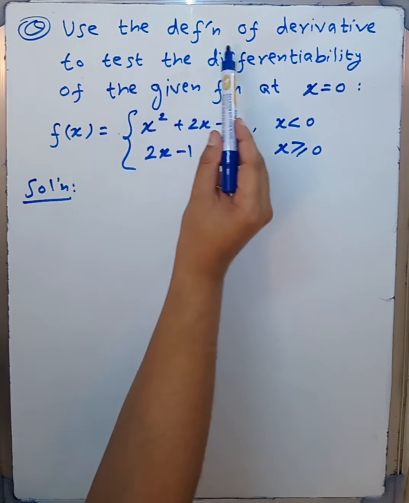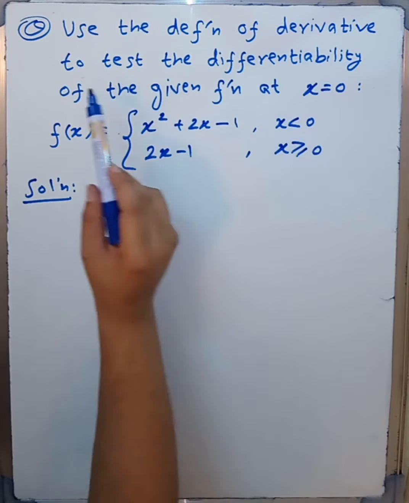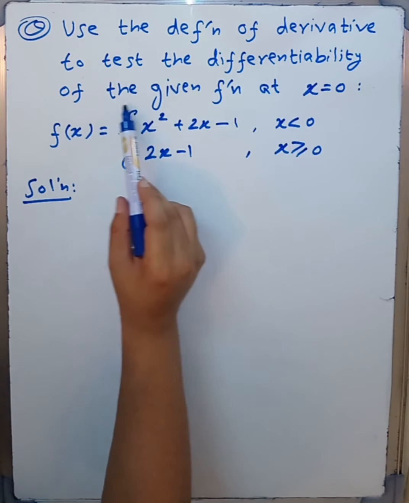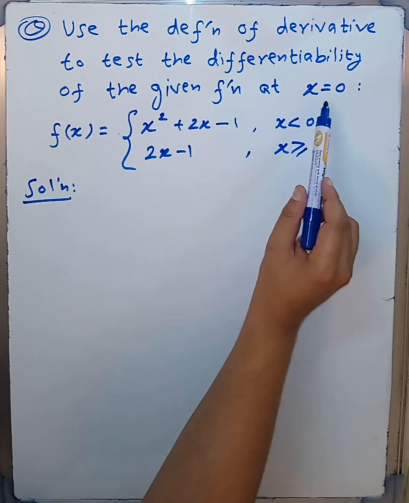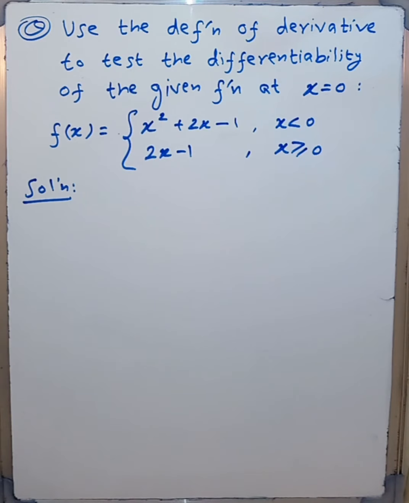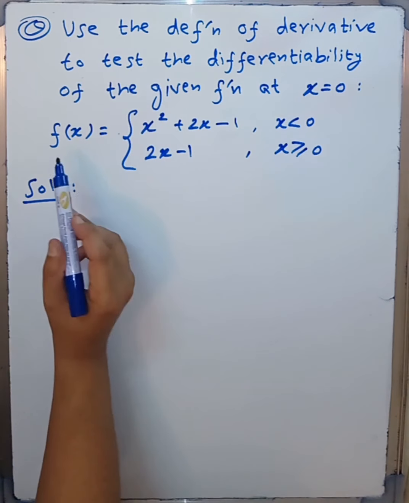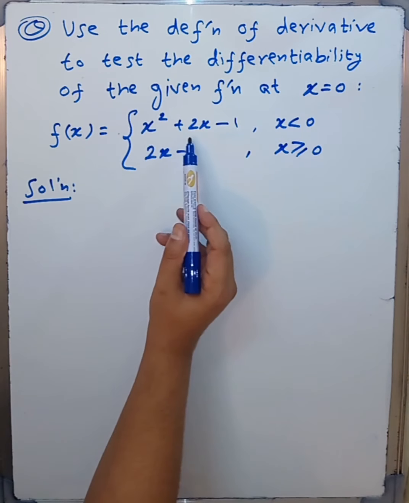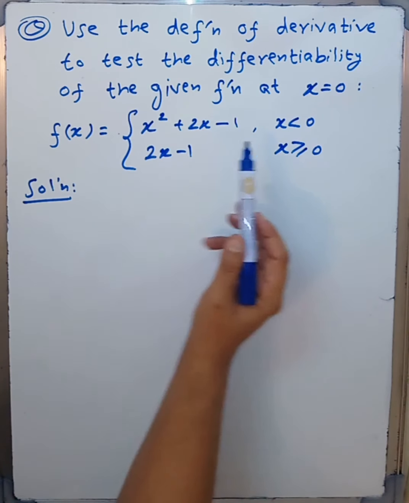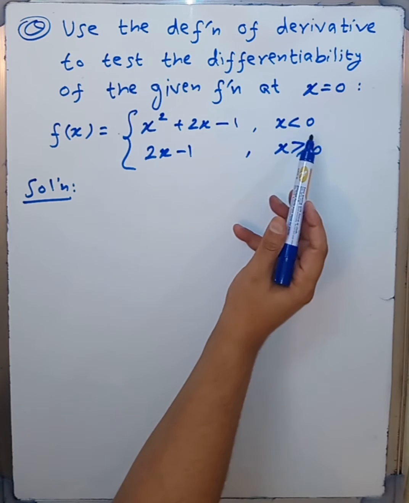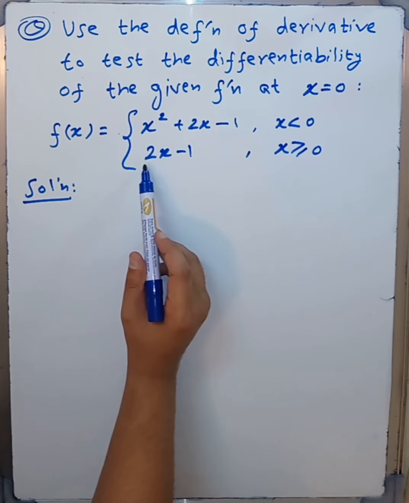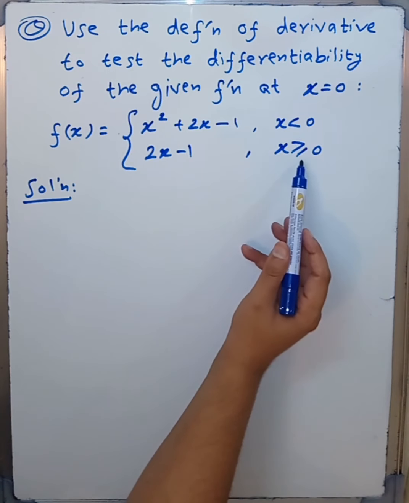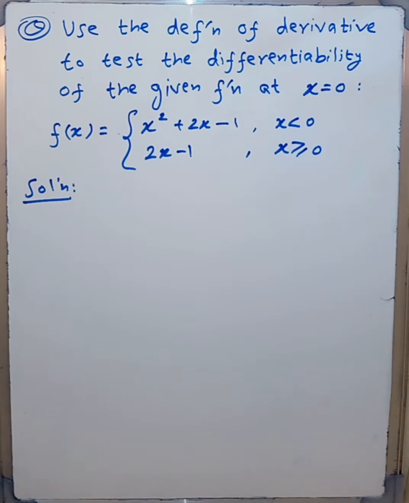Use the definition of derivative to test the differentiability of the given function at x equal to 0. f(x) is equal to x square plus 2x minus 1 when x is less than 0. f(x) is equal to 2x minus 1 when x is greater than or equal to 0.